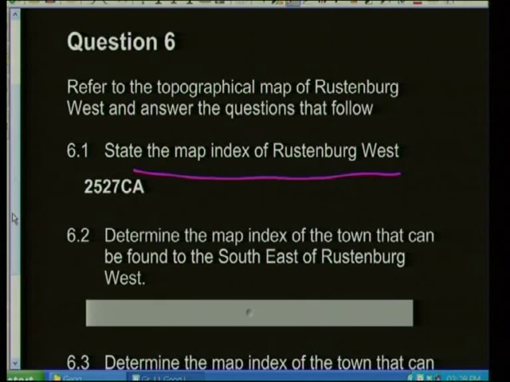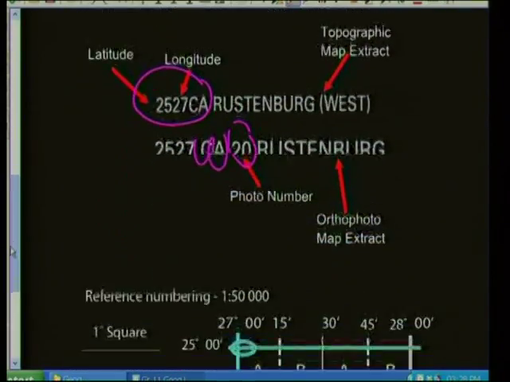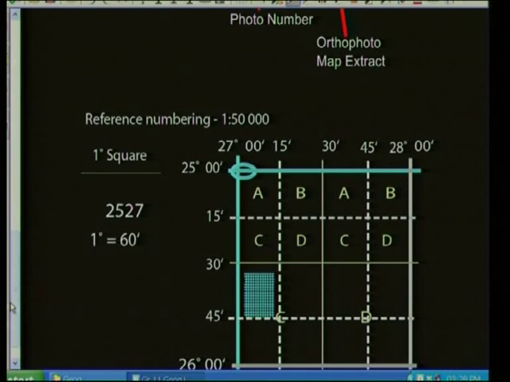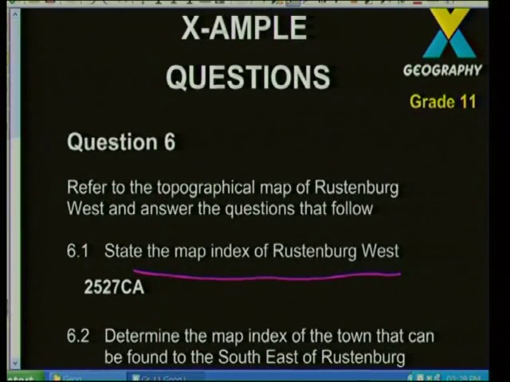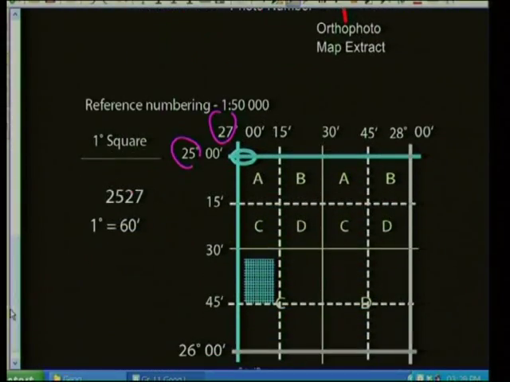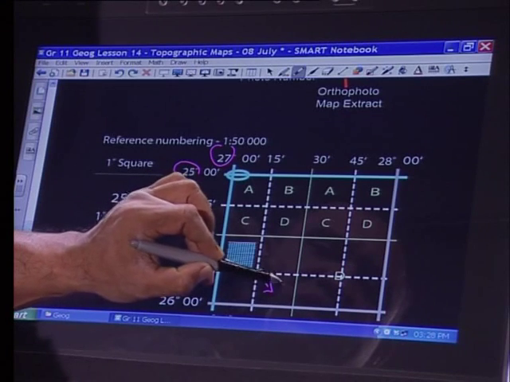Determine the map index of the town that can be found to the southeast of Rustenburg West. If we look at this, we already worked out Rustenburg West, which is 25, 27, big block C, small block A. Now we're looking at the town to the southeast.